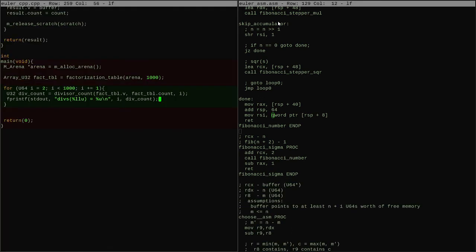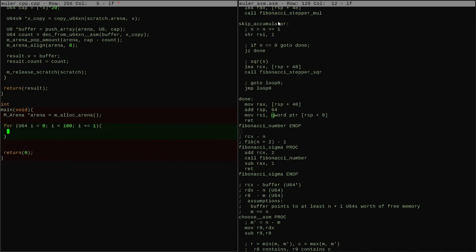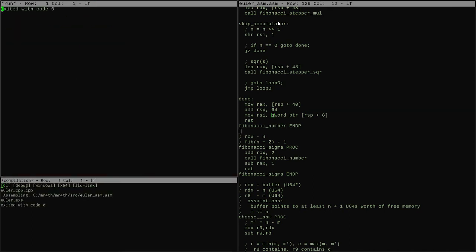Okay, Fibonacci number. Let's go test that one. Okay, that looks good.